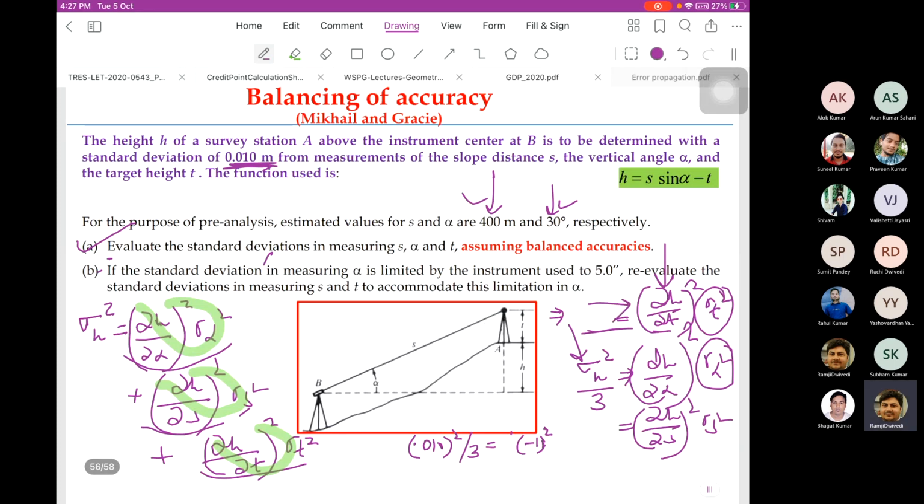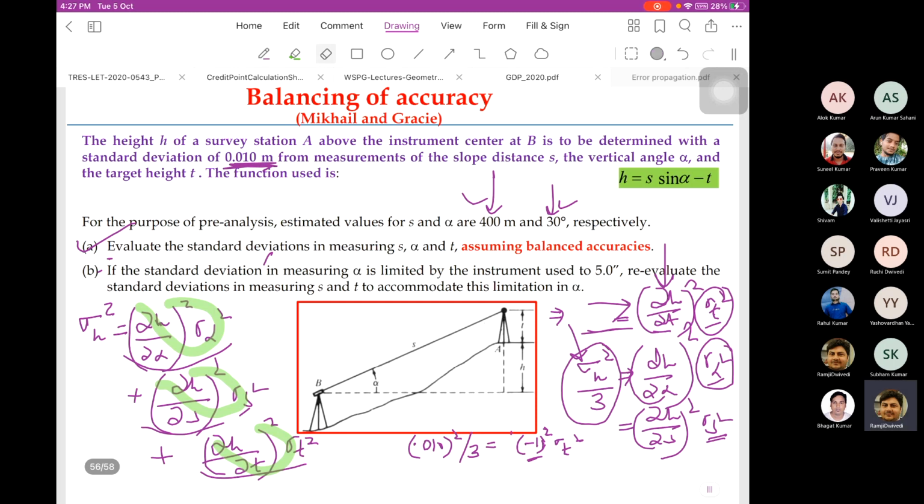I'm writing del h by del t, that would be minus 1, and sigma t square. So simply sigma t would be coming as 0.010 whole square divided by 3, because that would become 1. So in this case of balanced accuracy, considering the balanced accuracy case, you will get all the individual sigma t, sigma alpha, and sigma s.